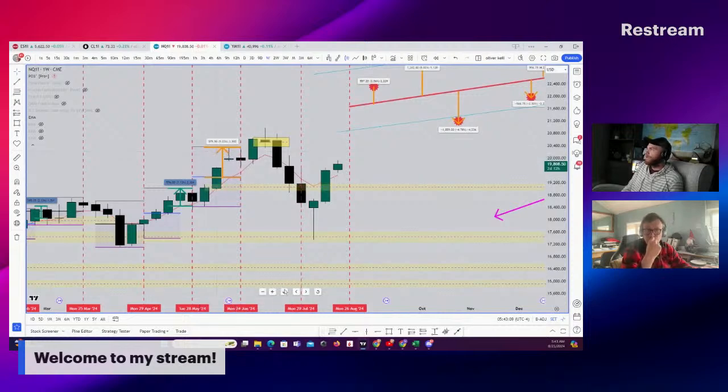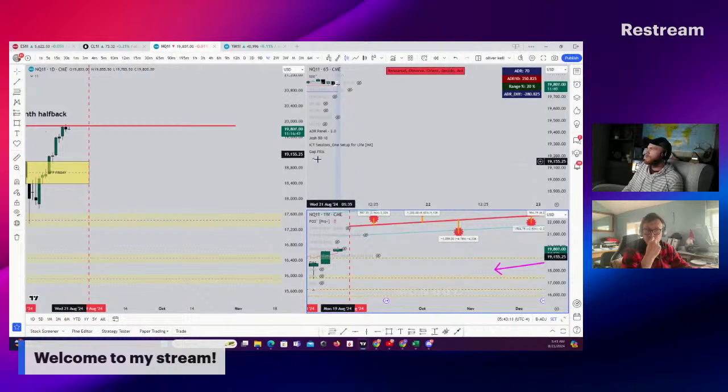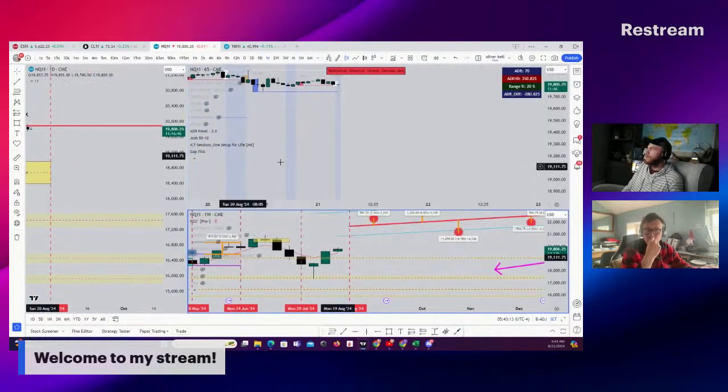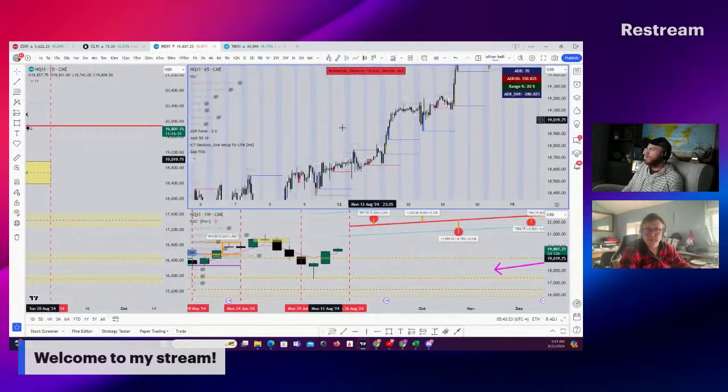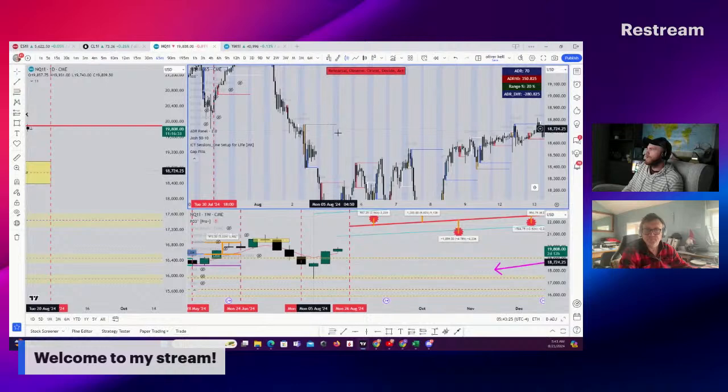If we look at this chart right here, let's go to the week of July 8th.